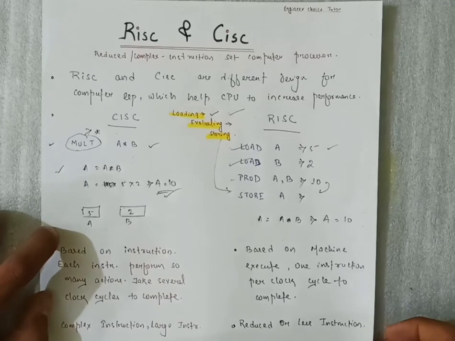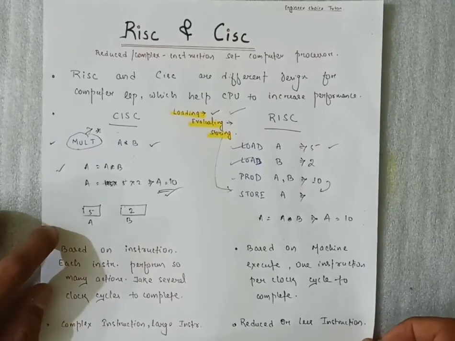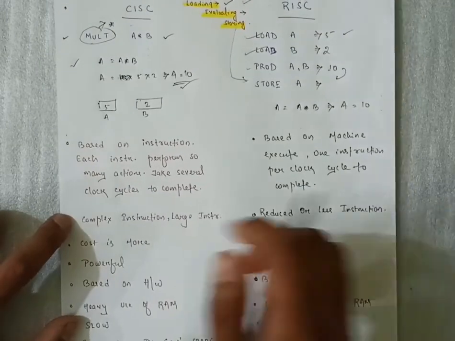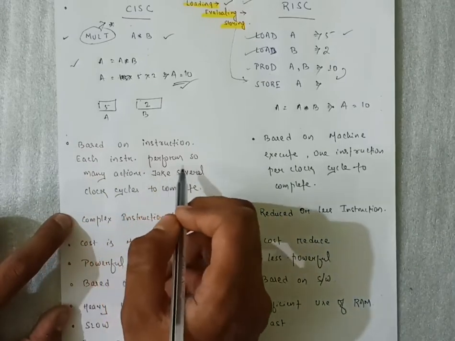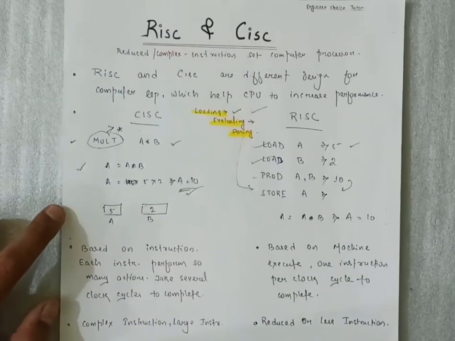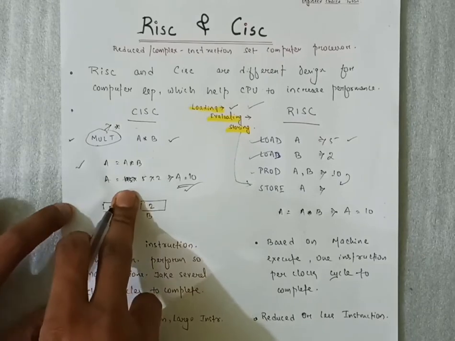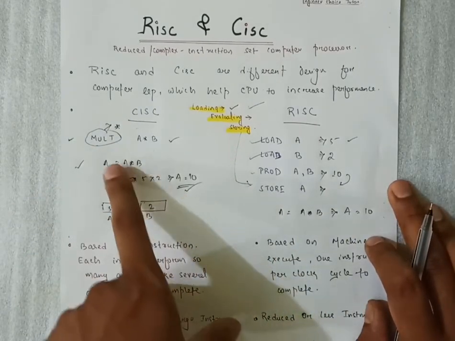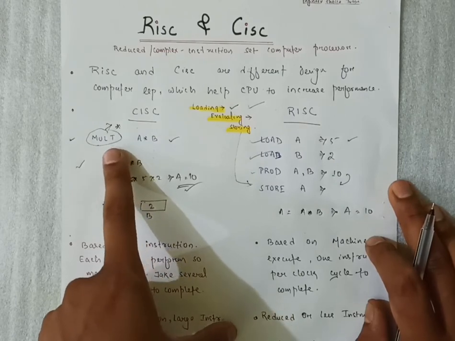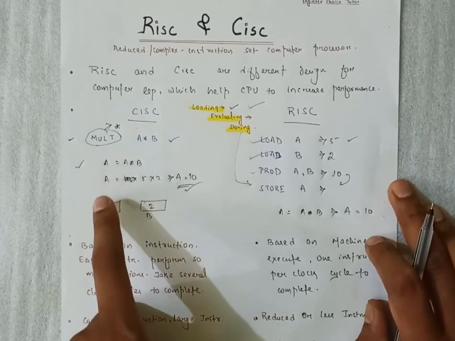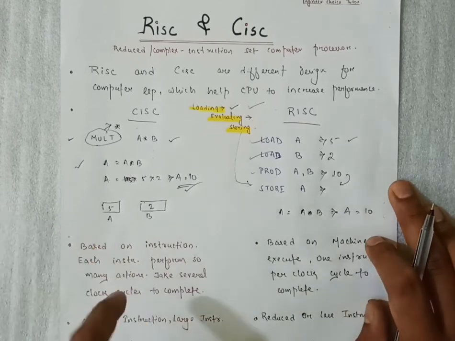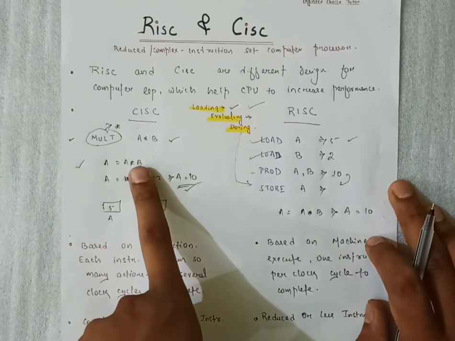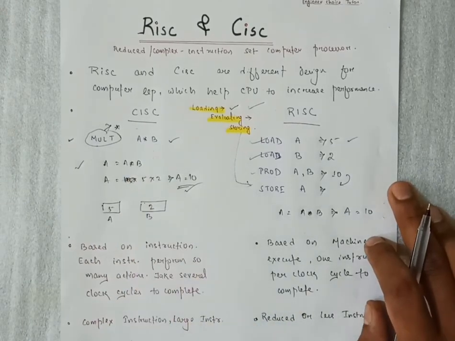So coming to the differentiation, means how they differ. Based on instruction, each instruction performs many actions. Here many instructions can be present, not only this single one. Here we can perform division also, we can perform multiplication also. So a complex set of instructions will be given in CISC.